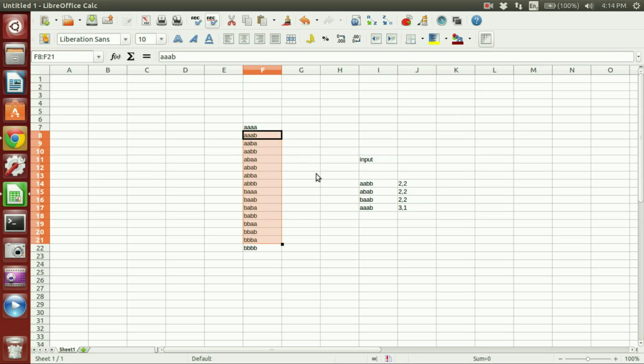Why? Because LCS is longest common subsequence. There is a major difference between longest common subsequence and longest common substring. Let's take the LCS of this AABB with, say, this one ABAB. So the LCS would be 3.